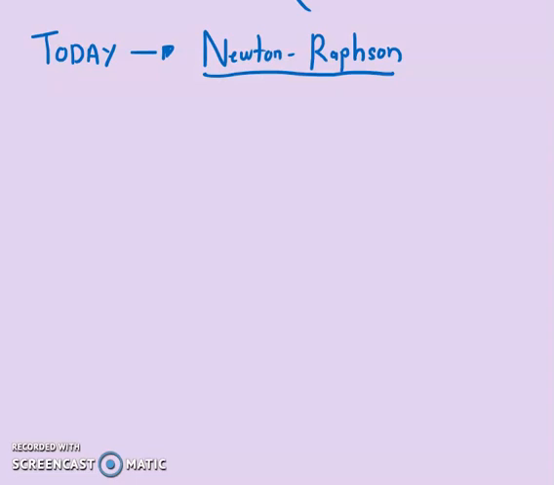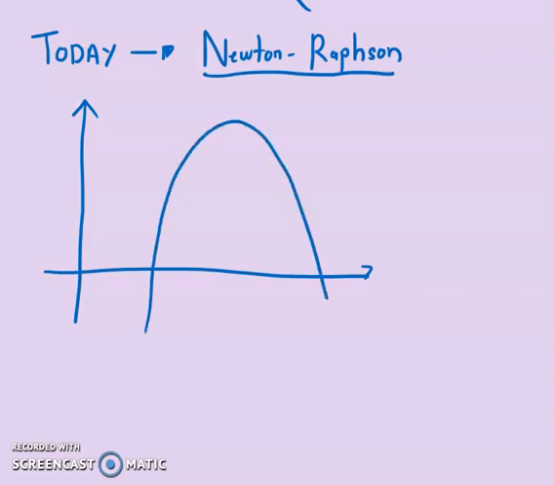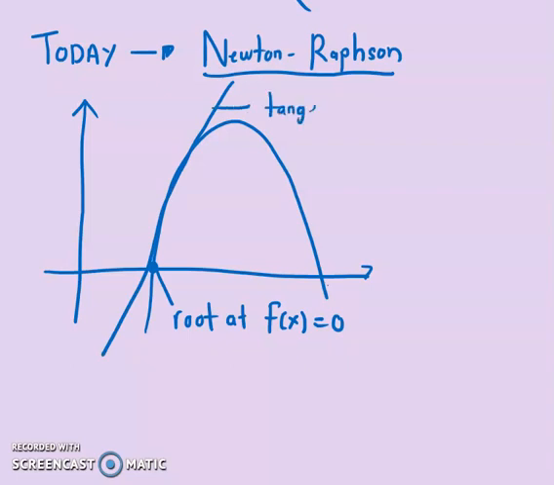If you remember the slope of a tangent, for example, let's look at the equation here, and I have, let's say, something like this. Now this is the root, my root at f(x) equals 0. Sorry, my line is not straight. So it uses the tangent line, which is the derivative, at whatever the starting point is.